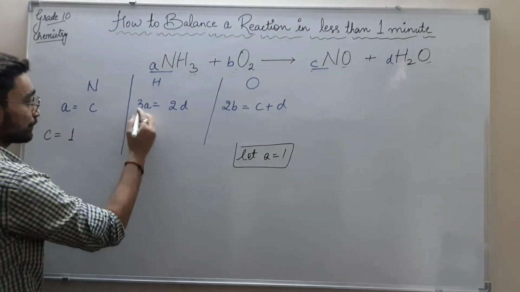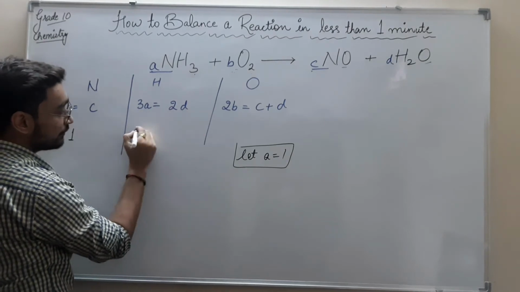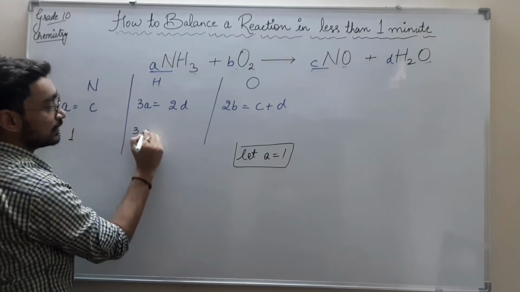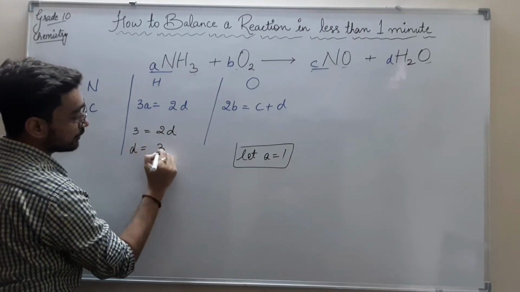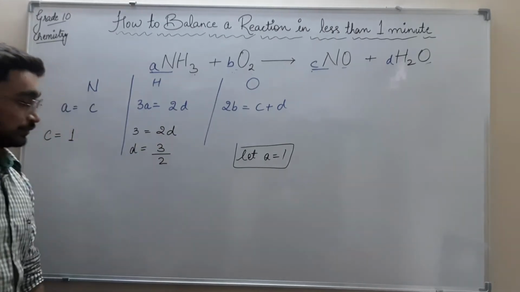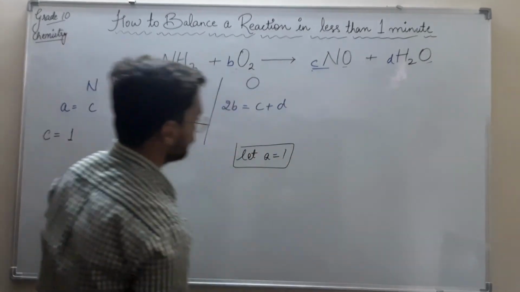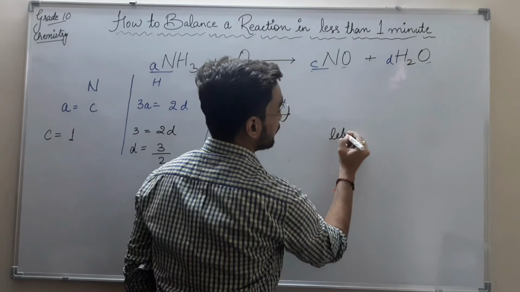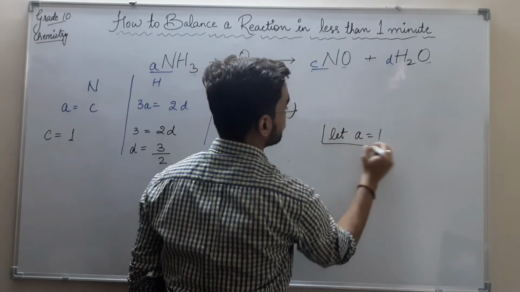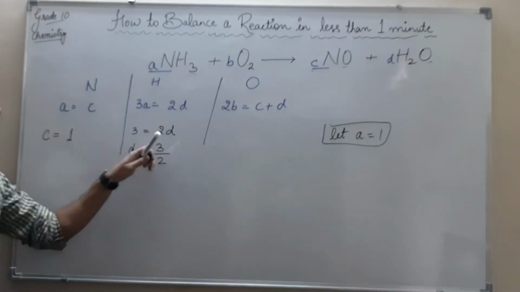Very good. If A is equal to 1, then 3 equals 2D, then D will be equal to 3 by 2. Let A is equal to 1, so D is equal to 3 by 2.